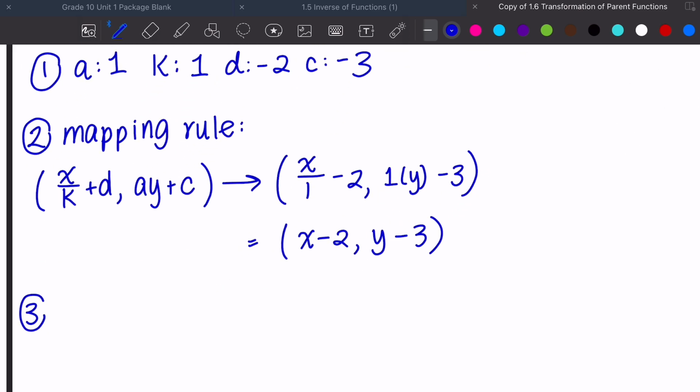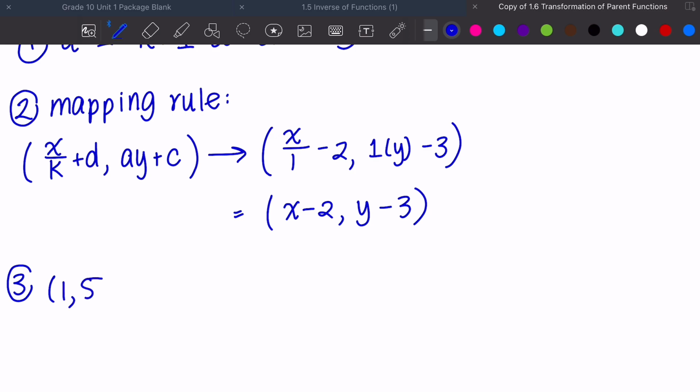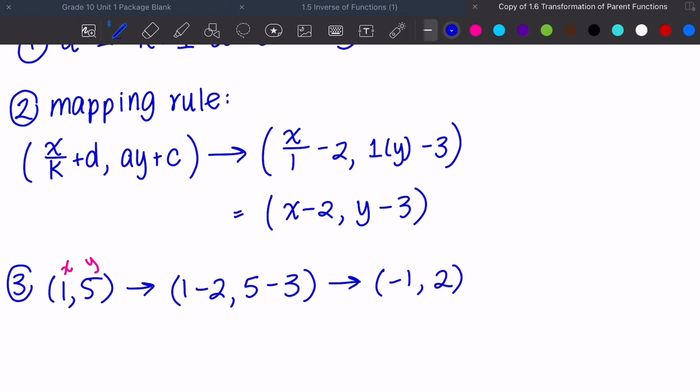My first point, (1, 5): this is your x and your y, and those are going to replace x and y in the mapping rule. So this is 1 minus 2 and 5 minus 3, which simplifies to -1 and 2. That is its new point after being transformed.